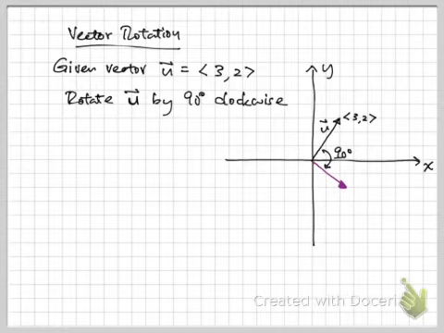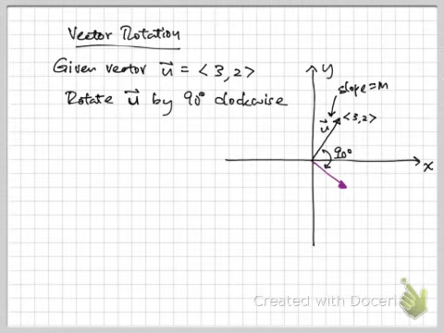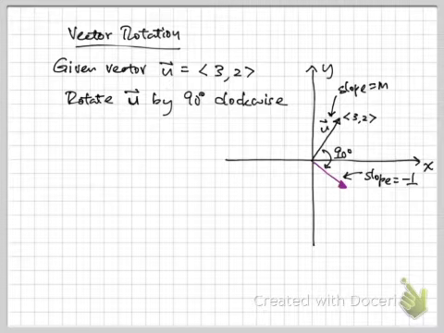Here is an easier case where we can take advantage of the slope formula that we've learned in algebra. If I know the slope of this line, let's call that m, then a line that is perpendicular to it at 90 degrees must have the slope of -1 over m, because the product has to be -1.